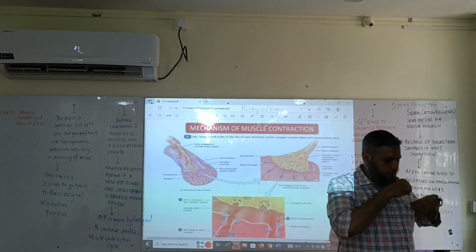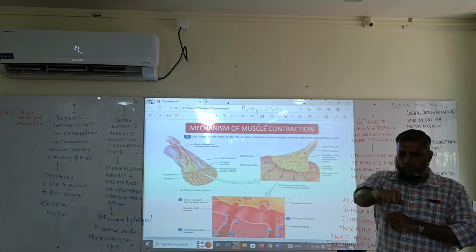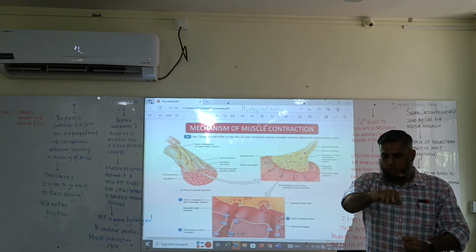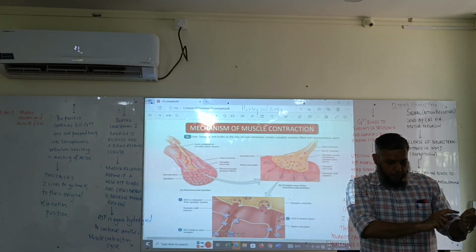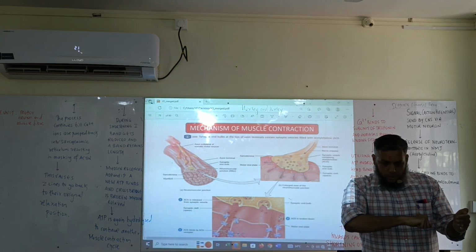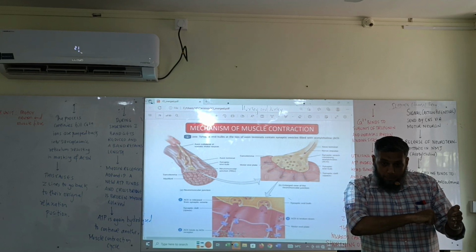So now see guys. I'll say that this is a neuron. My right hand is the neuron. This is the axon, this is the axon knob, and this is the sarcolemma. Sarcolemma is the membrane of the muscle. Does the axon knob touch the sarcolemma? No. Does it leave a gap? Yes.